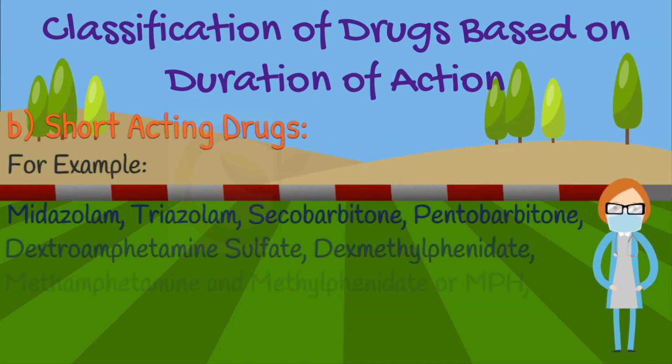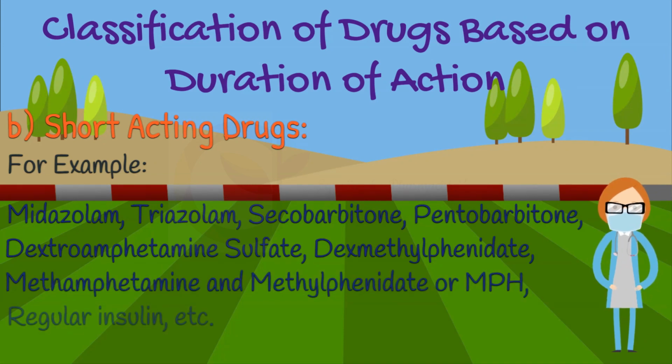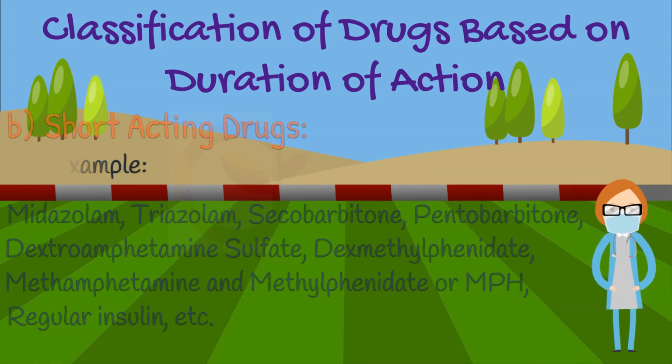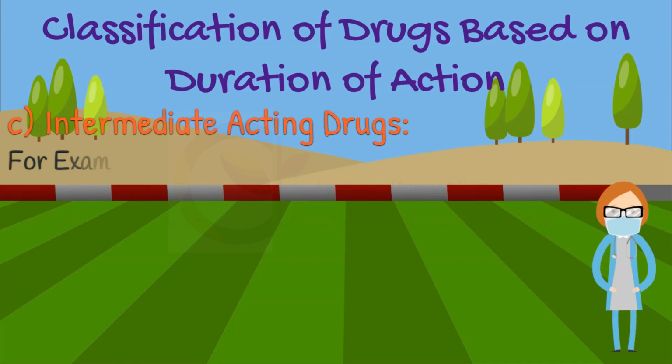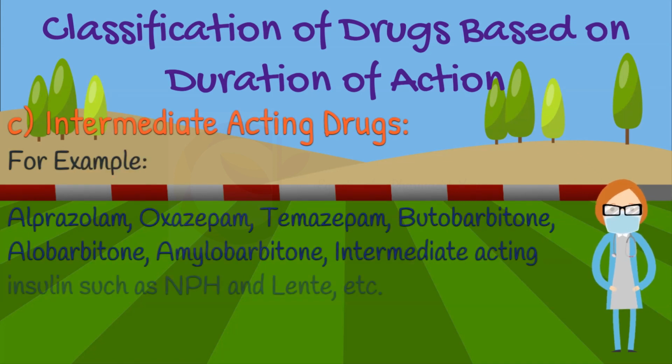For example, midazolam, triazolam, secobarbital, pentobarbital, dextroamphetamine sulfate, dexmethylphenidate, methamphetamine, and methylphenidate or MPH, regular insulin, etc. Intermediate-acting drugs. For example, alprazolam, oxazepam, temazepam, butabarbital, talbutal, amobarbital, intermediate-acting insulin such as NPH and lente, etc.